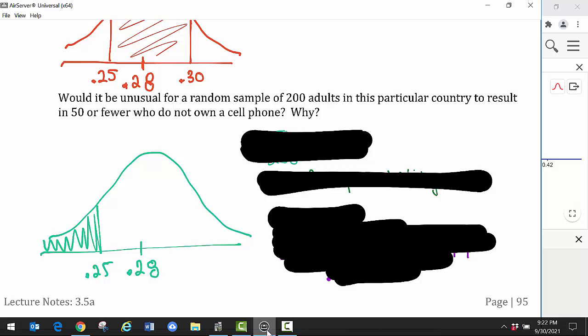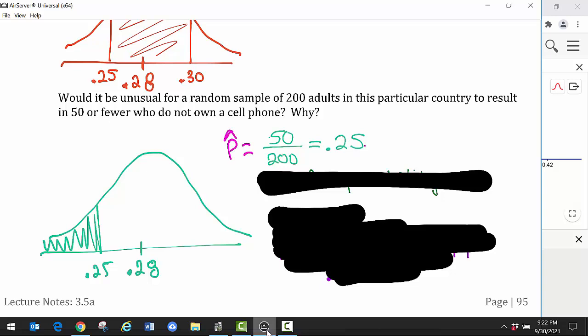We need to figure out what that p-hat or sample proportion would be. So 50 divided by 200, this is the specific sample we're worried about, would be 25%. So of having a proportion of 25% of the people not having a cell phone, or maybe less than that.